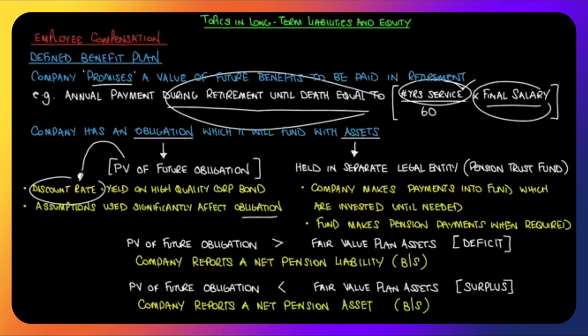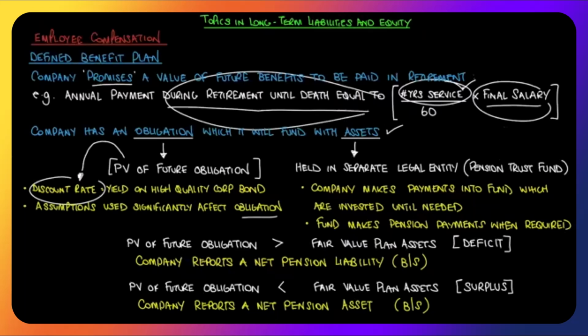So we have an obligation, but it's not fair to the company just to say, look, you've got to show that you've got this $3.8 billion as an obligation to pay in the future. Because the company will turn around and say, well, hang on, I've actually got a big pot of assets that I'm holding back to fund that pension.